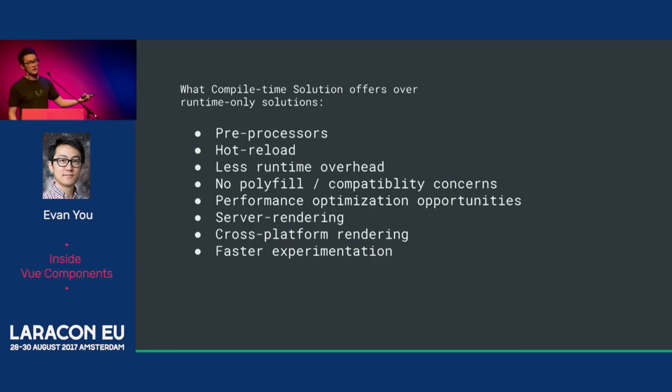So essentially, a CPU cycle spent on our dev machines is always good compared to a CPU cycle spent on your customers' machines. And no polyfill compatibility concerns, which in my opinion is one of the biggest reasons that I'm still conservative about web components.